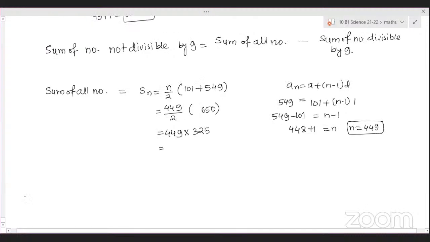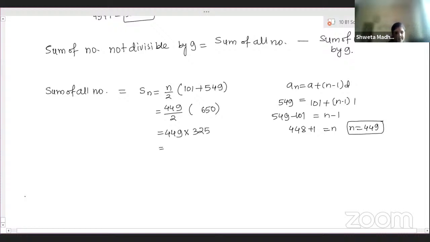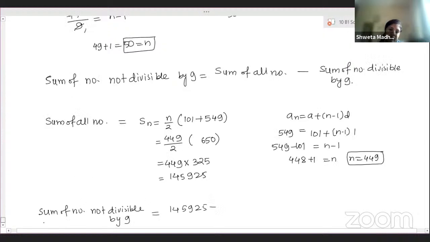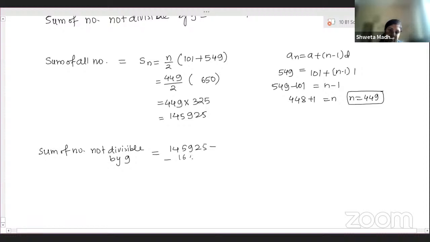So 449 into 325, first we need to multiply.